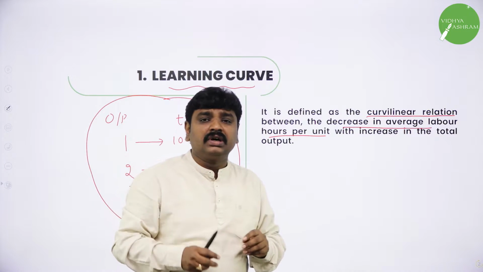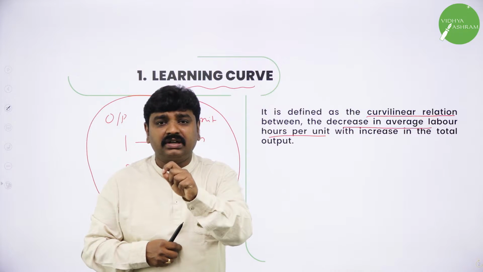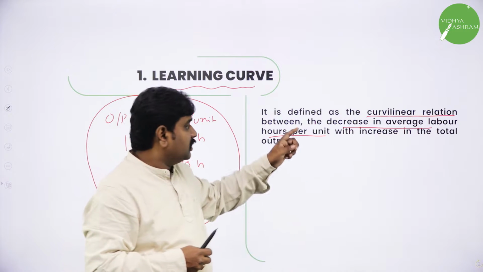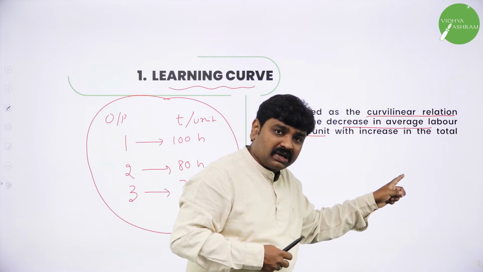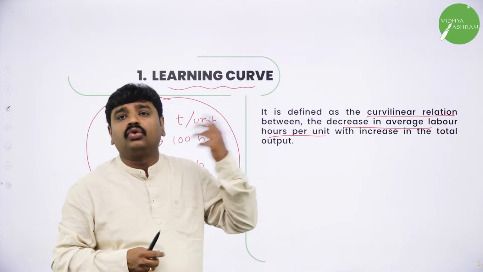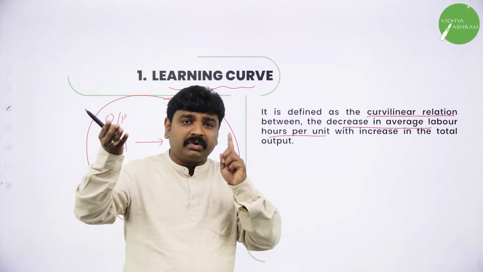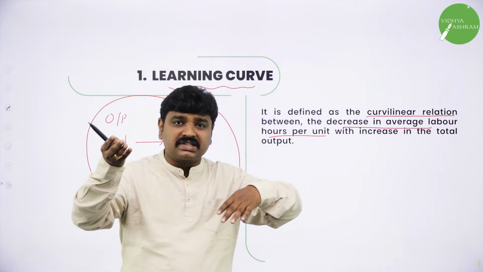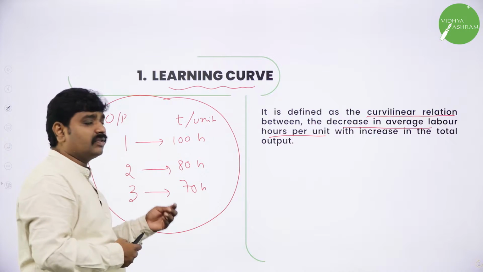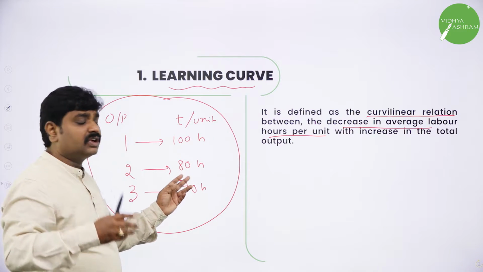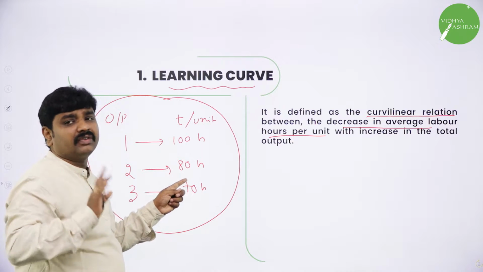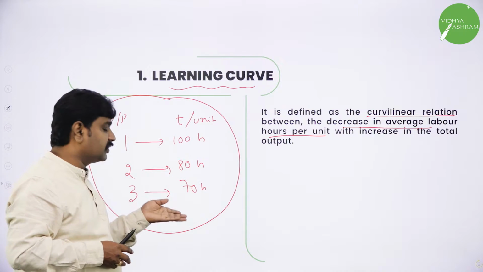What is learning curve? It is the curvilinear relation with decrease in average labor hour with increase in output. As you increase the output, time taken to produce 1 unit decreases. I told you the first unit takes 100 hours, the second unit does not take 100 hours, it will take 80 hours, and the third unit will take just 70 hours.